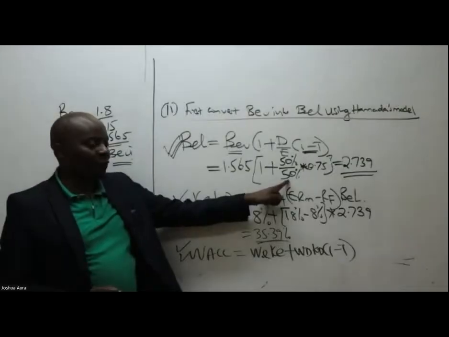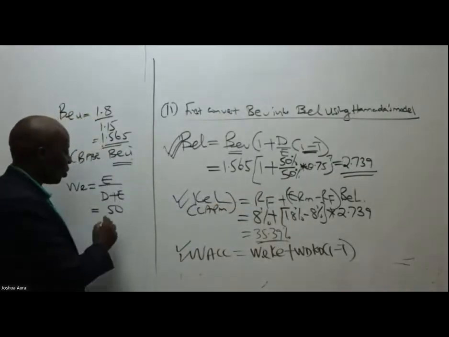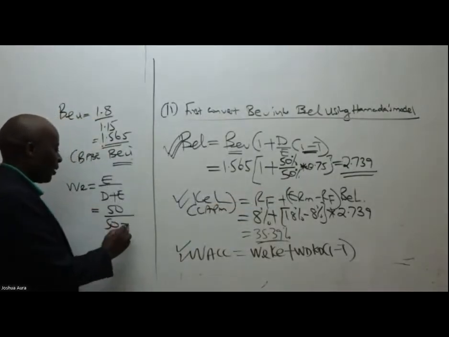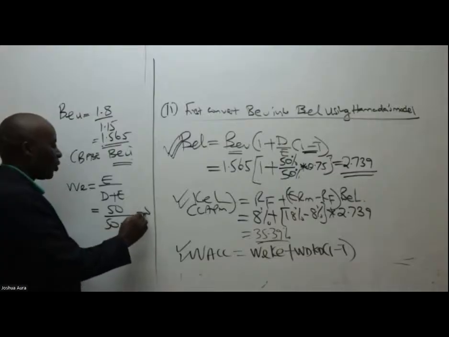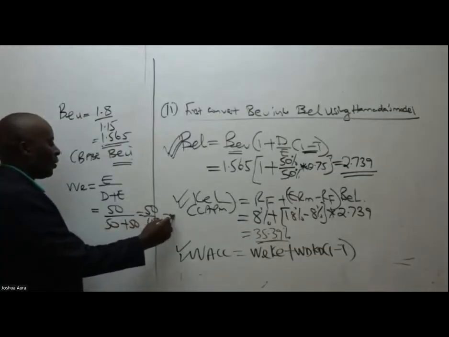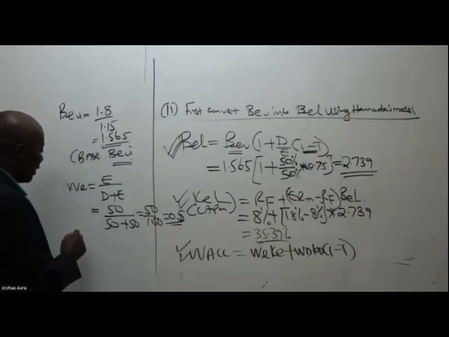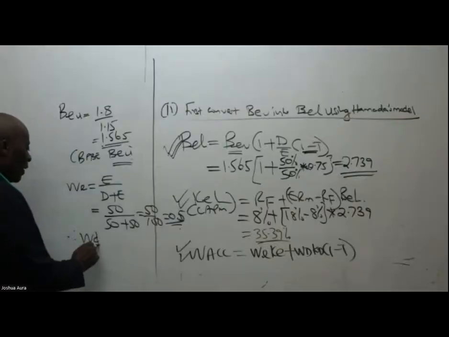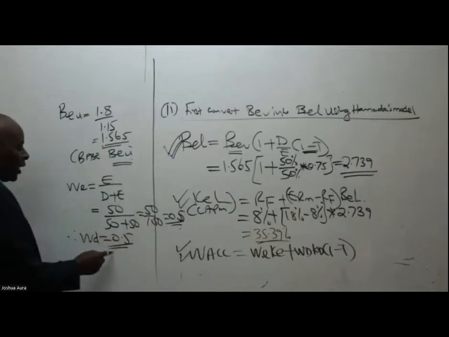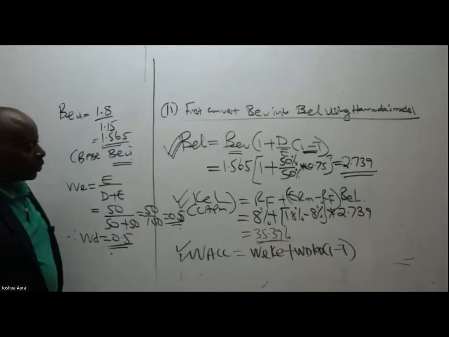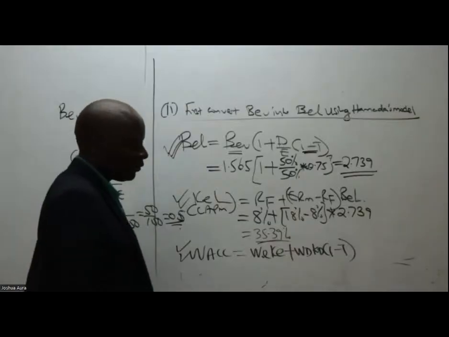So 50 over debt, which is 50, plus equity, which is 50. So this will be 50 over 100, which is 0.5. And then the moment I've gotten the weight of equity, the weight of debt will also be 0.5.